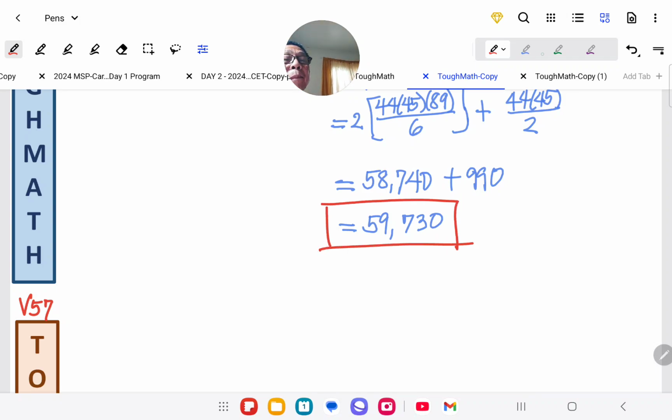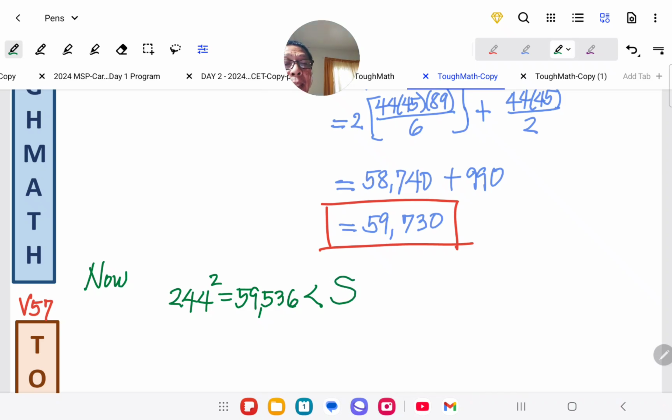Now, 244 squared is equal to 59,536, and our S is this number, which is less than 245 squared, which is equal to 60,025.